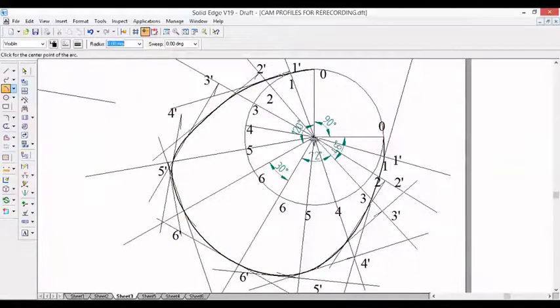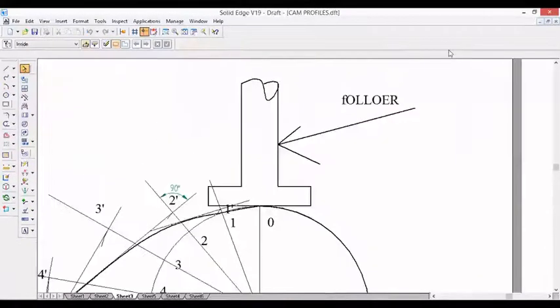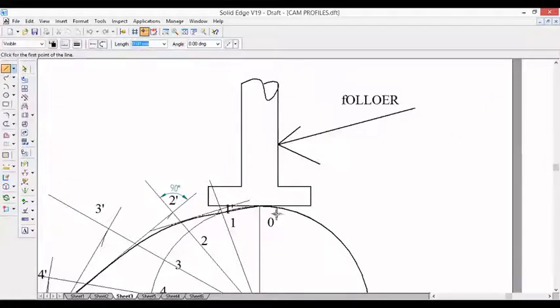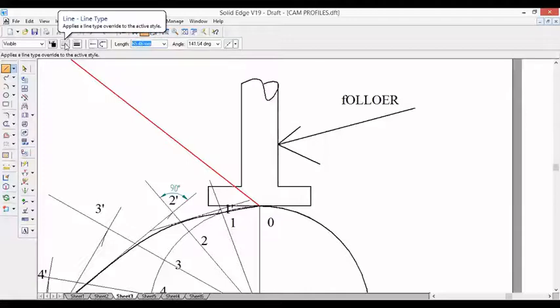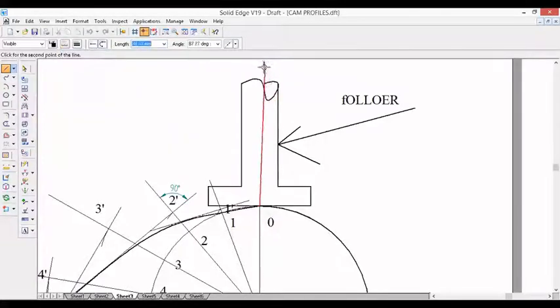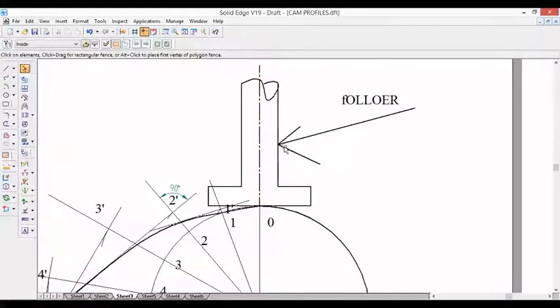Now take arc by center point method and take thick line and draw the dwell also. So this is the dwell. This is the required cam profile. Finally, you show this flat follower at position 0 in such a way that the axis of the cam and axis of the follower are collinear, and this is what we call the follower.